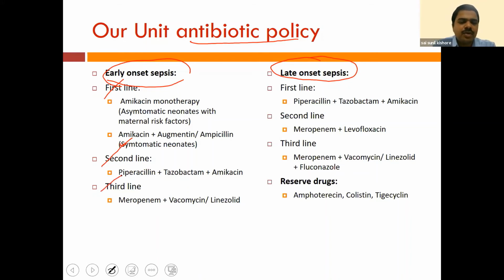Third line, meropenem with vancomycin or linezolid. Whereas in late onset sepsis, the first line will be piperacillin tazobactam and amikacin. Second line, meropenem and levofloxacin. Third line, meropenem plus vancomycin or linezolid plus fluconazole. And amphotericin, colistin, and tigecycline are some of the reserve drugs.